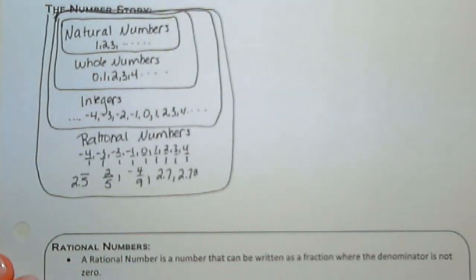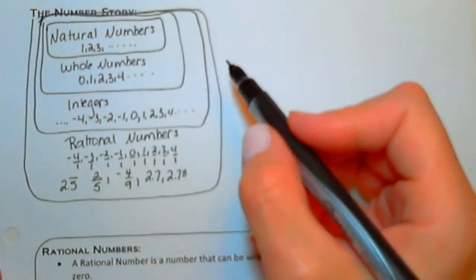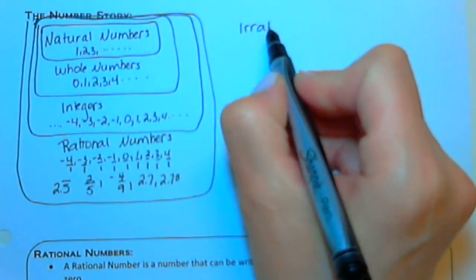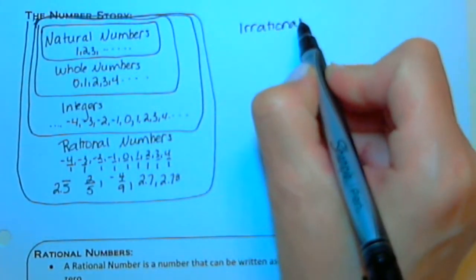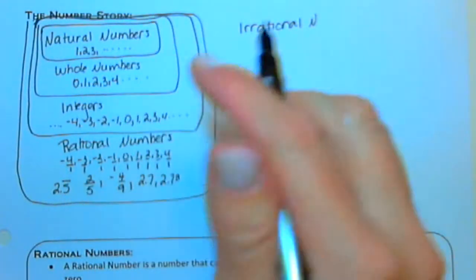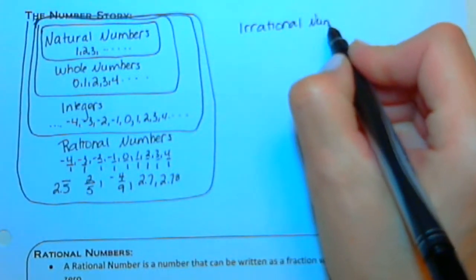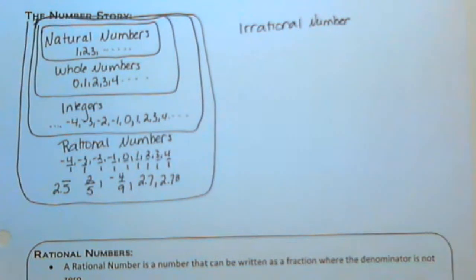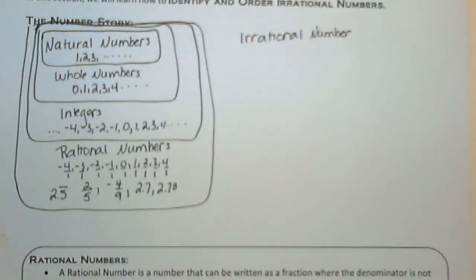What's the opposite of a rational number? Well, that would be an irrational number. And an irrational number is not going to be part of this group here because they're a little out there. Irrational numbers have decimals that never end or never repeat.